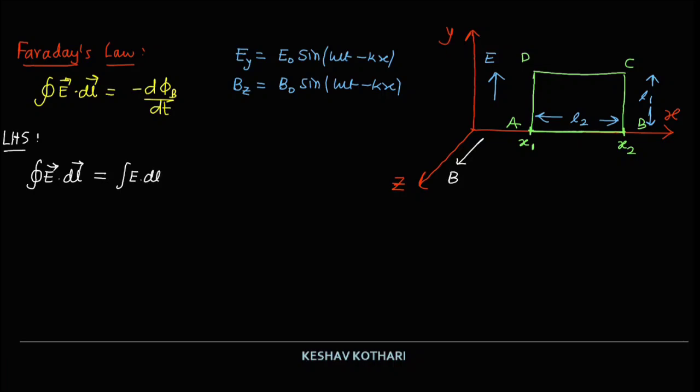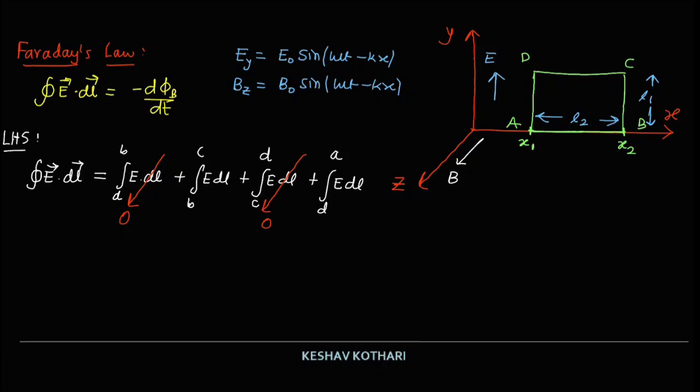E dot dl, we begin from AB, then E dot dl for B to C, then from C to D, and then from D to A. For A to B and C to D, the value of E dot dl will be 0, since E is perpendicular to the length L2. For the segments AB and CD, E is perpendicular to both, and hence the value becomes equal to 0.